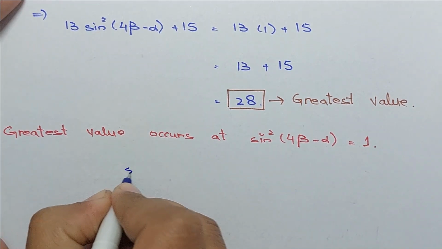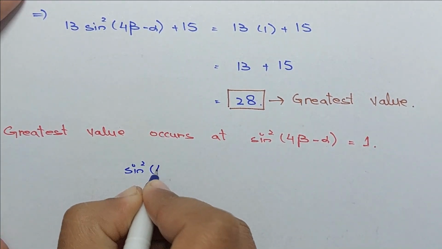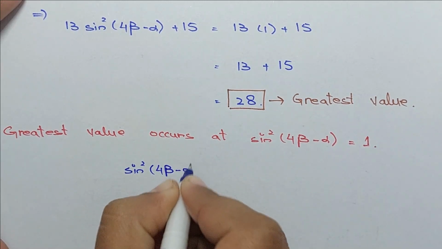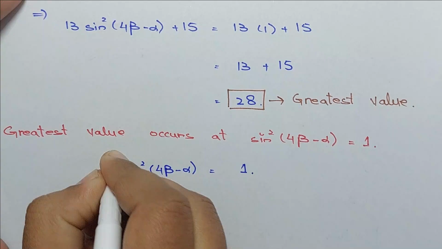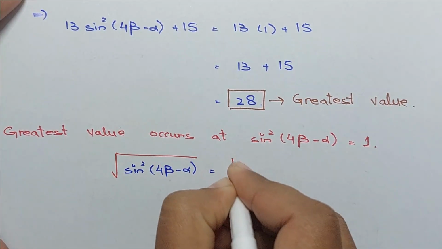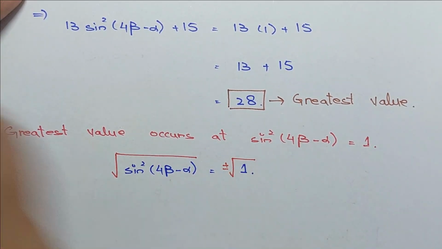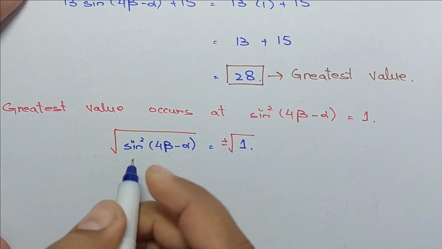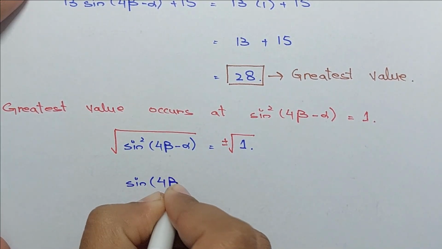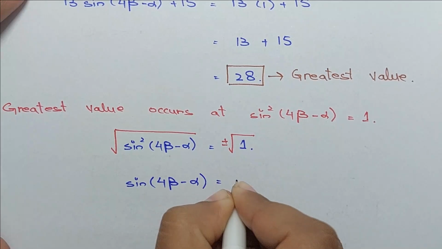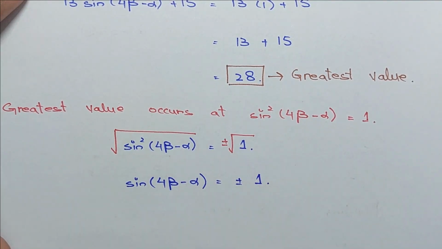Okay, so when we have sine square of 4 beta minus alpha equals 1, now to get the value for beta, we need to take a square root on both sides, which is plus and minus, right? Now cancel it. We can say sine of 4 beta minus alpha is plus minus 1.